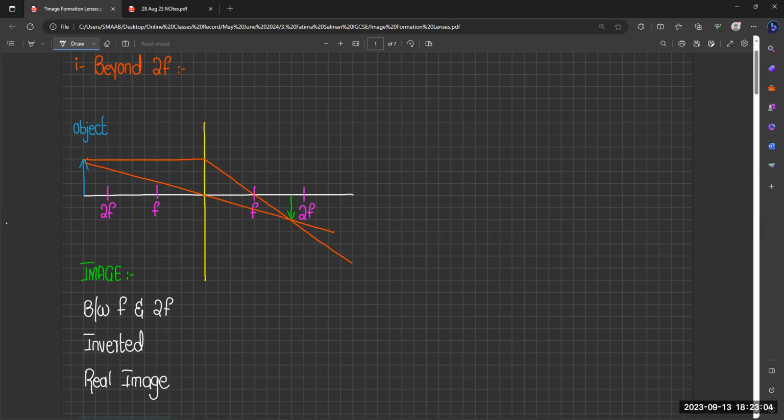And if we talk about the size of the image, the size of the image is small as compared to the object, right? Small in size. Okay. So these are the points related to the first case when object is placed beyond 2F, right?